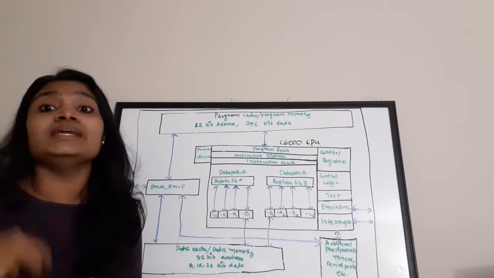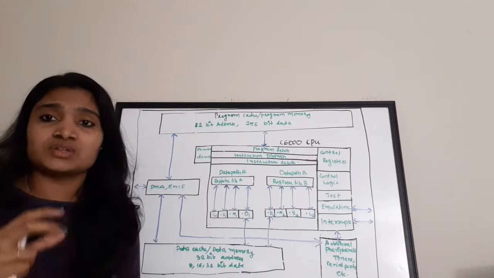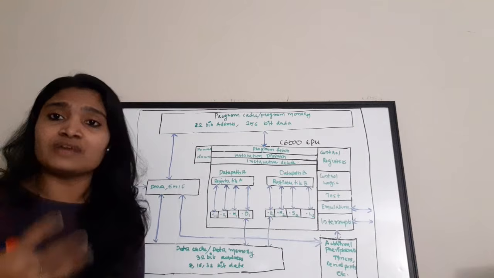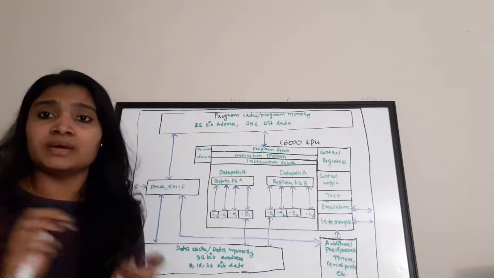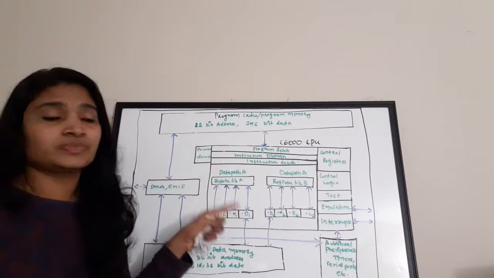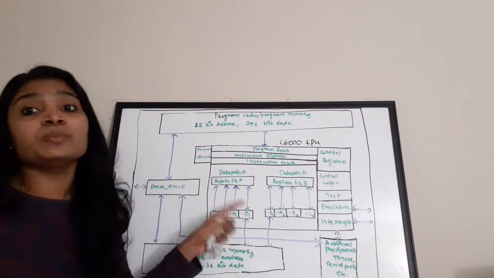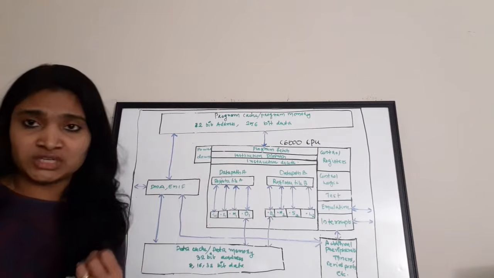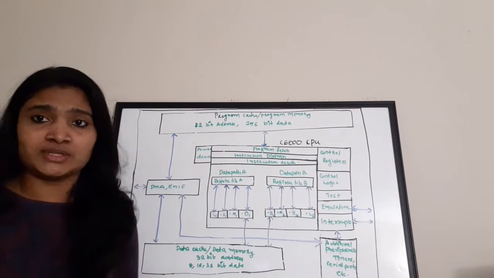Then we decode it, that is, find out what is written in the instruction. We can only find that by decoding. Once decoding is done, the CPU will then process it. So these are the three basic units for fetching, dispatching and decoding of the instruction.